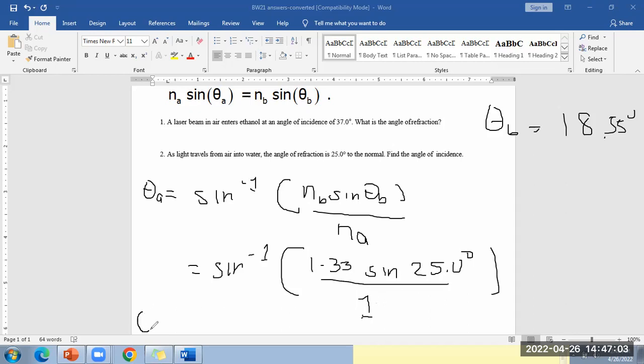So, ano yung angle A? Ilan yung magiging sagot? 1.33 times sine 25.0 degree divide 1. Tapos shift sine, tapos yung answer. So, yun yung makukuha natin.